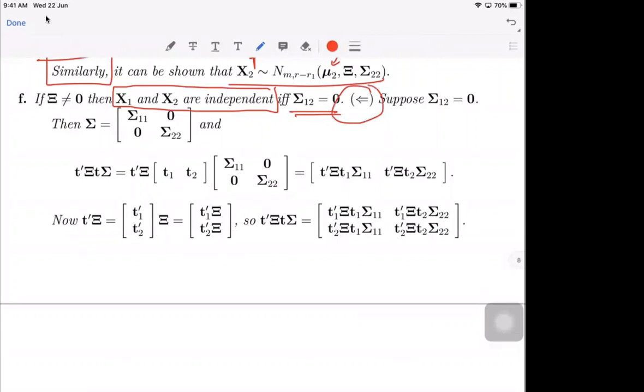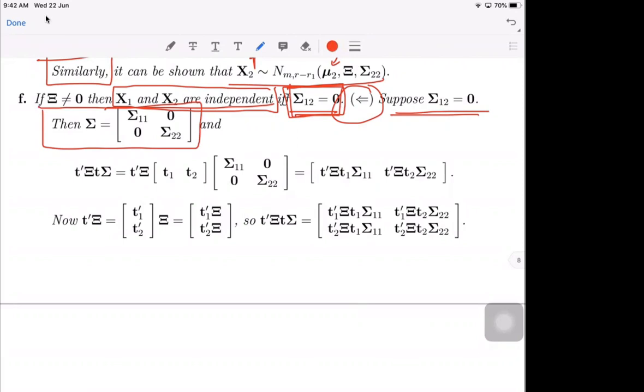So in this direction, we suppose that this is true, and we show that x1 and x2 are independent. So if we assume that sigma 1 2 is 0, your sigma matrix will be written in this manner.